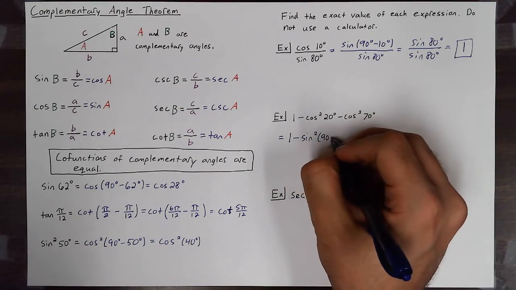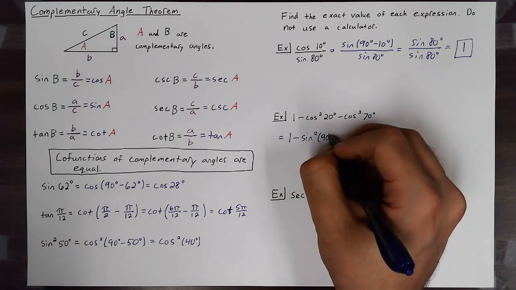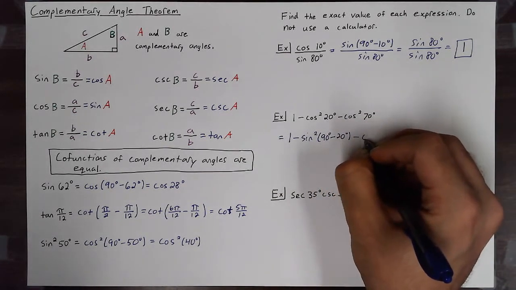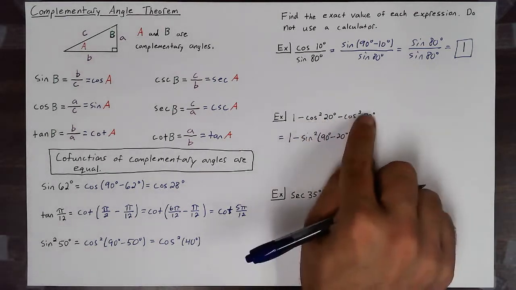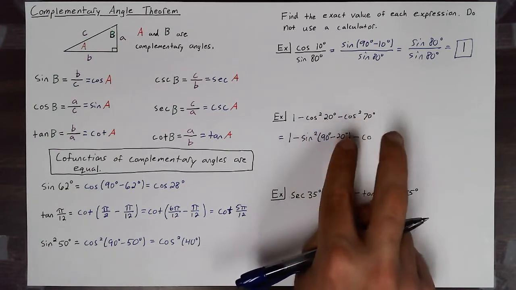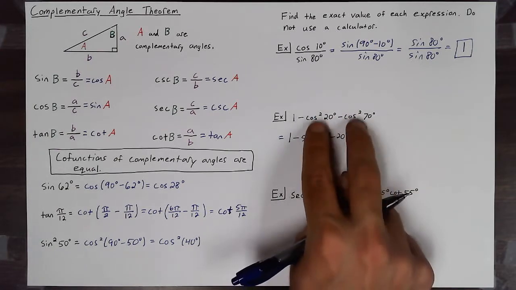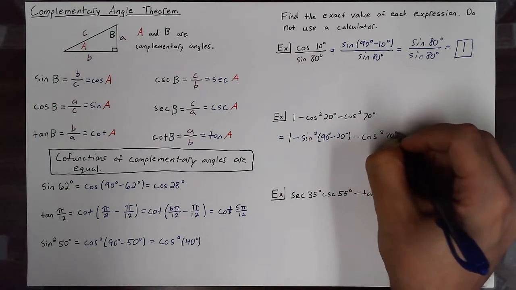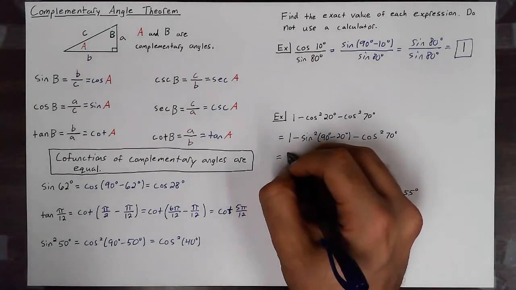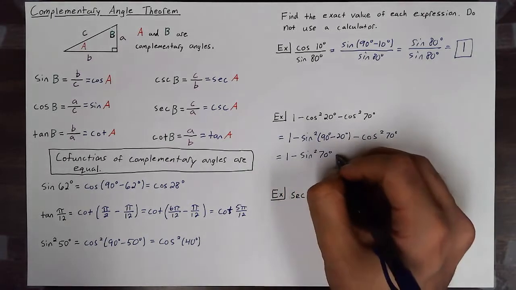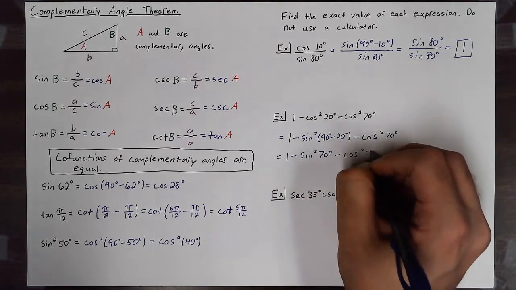So 90 degrees minus 20 degrees. You may be wondering, if they are both cosines, why am I changing it to sine? Well, they are squared, so I want the angles to actually match for me to possibly be able to use a Pythagorean identity. Because doing so, I get 1 minus sine squared of 70 degrees minus cosine squared of 70 degrees.